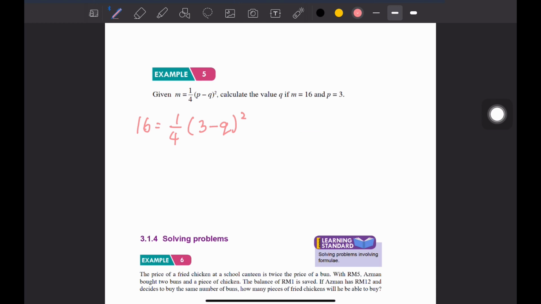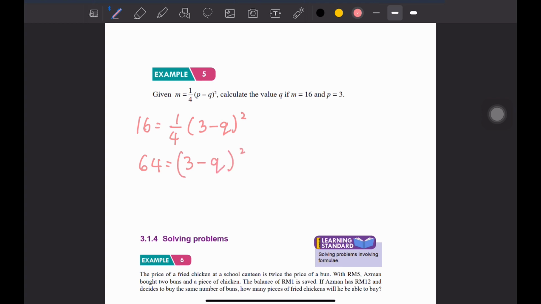So 16 times 4 is, what is 16 times 4? Press your calculator. 64 is equal to 3 minus q squared.